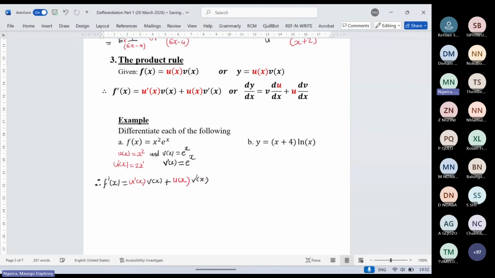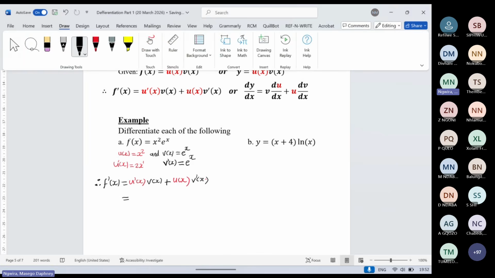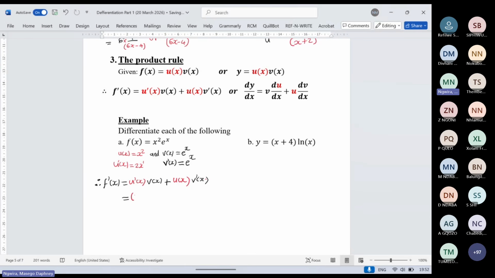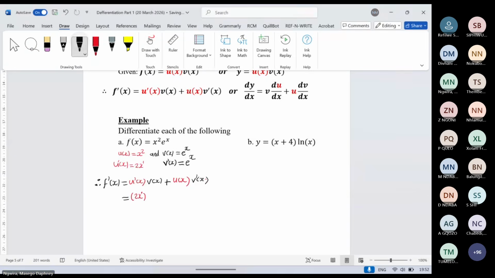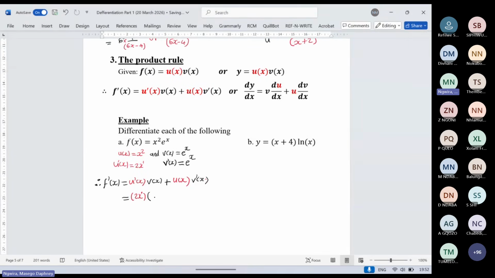Now let's just replace. We're replacing u prime(x), it's this one, 2x to the power of 1, and then v(x), not prime, it's just e to the power of x.